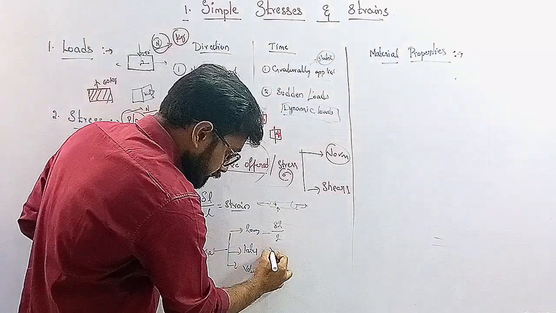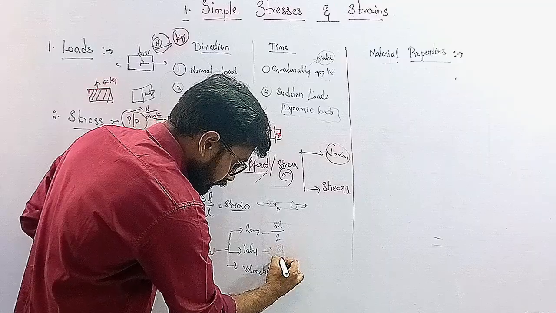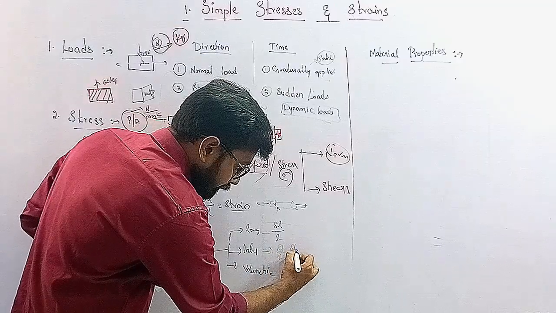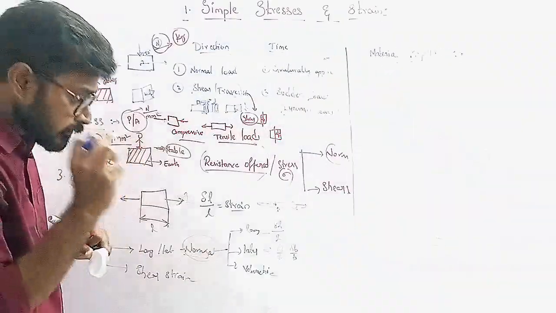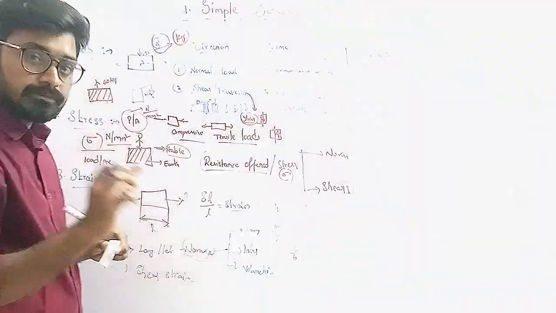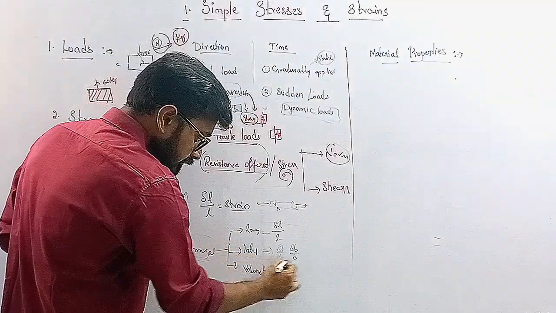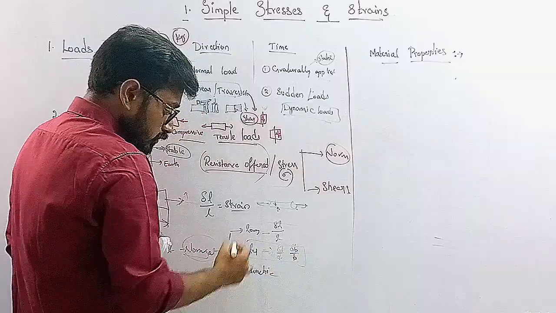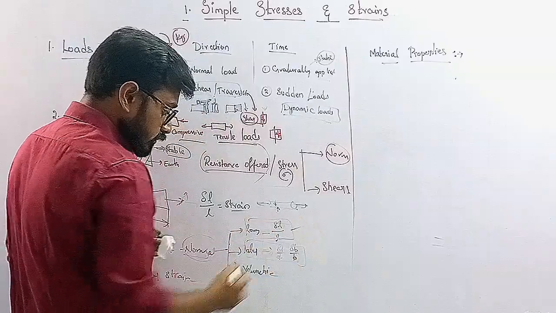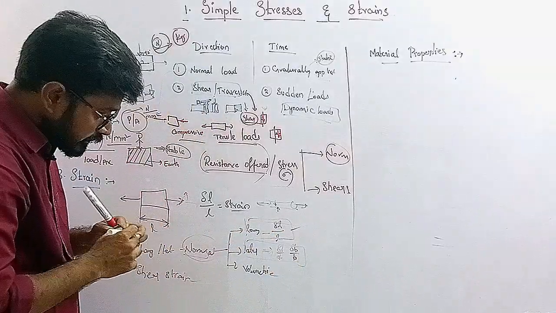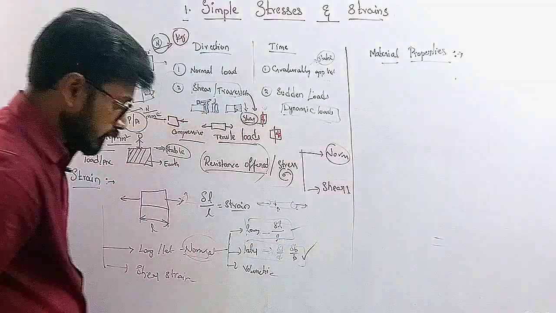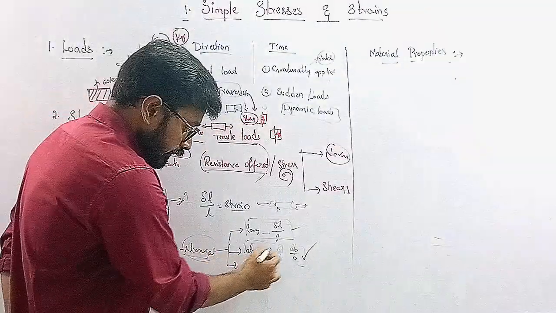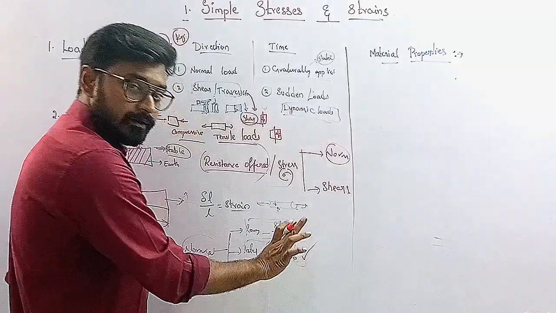That difference, that is delta D by D or delta B by B, the rate of change in depth or breadth, also comes under strain. So if you applied in one direction, this is longitudinal. If there is a change in the other two directions also, then it is called lateral strain.